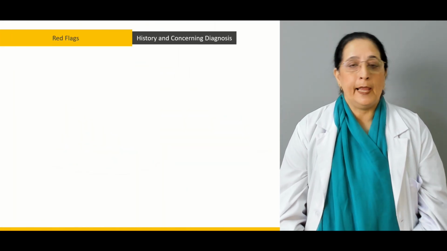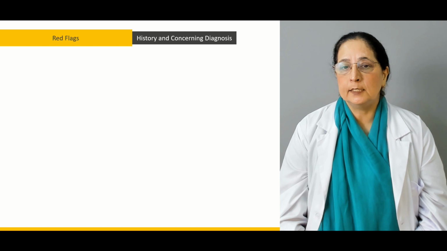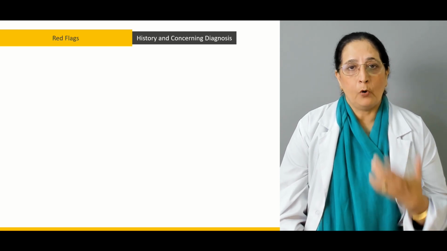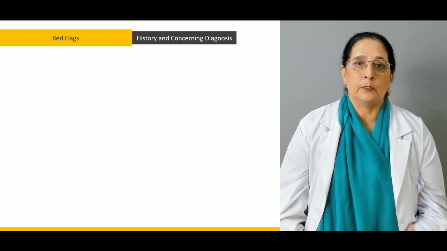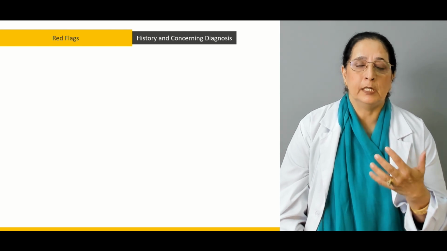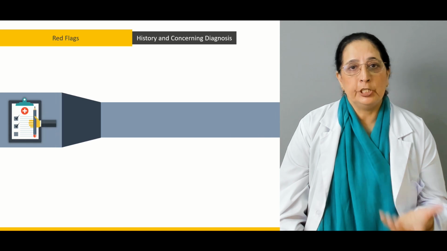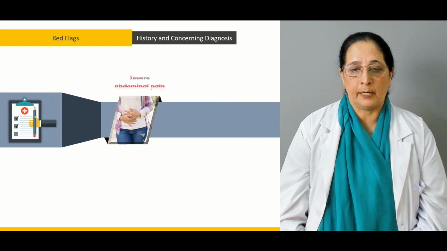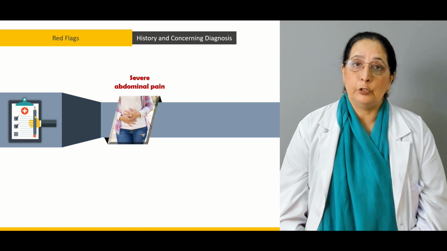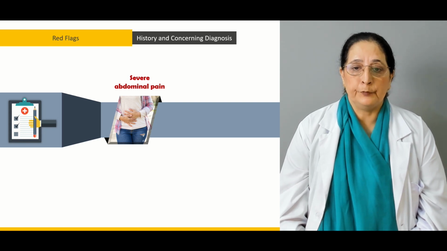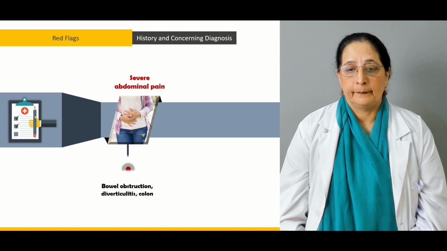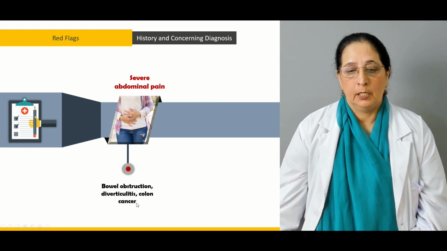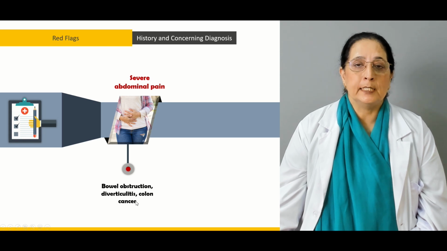Next, the red flags in history and the concerning diagnoses. Red flags are the warning signs which tell us at what point we should consider that the condition needs further follow-up. So for red flags, we have severe abdominal pain. Severe abdominal pain is common in bowel obstruction and diverticulitis.